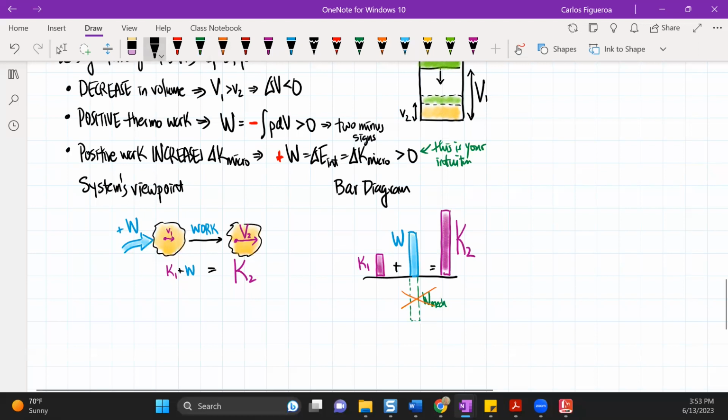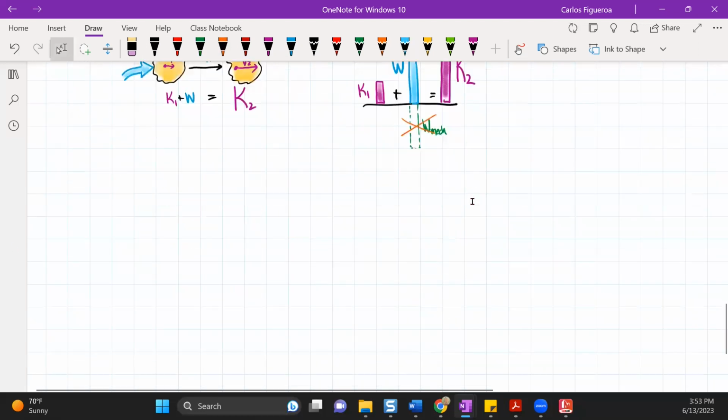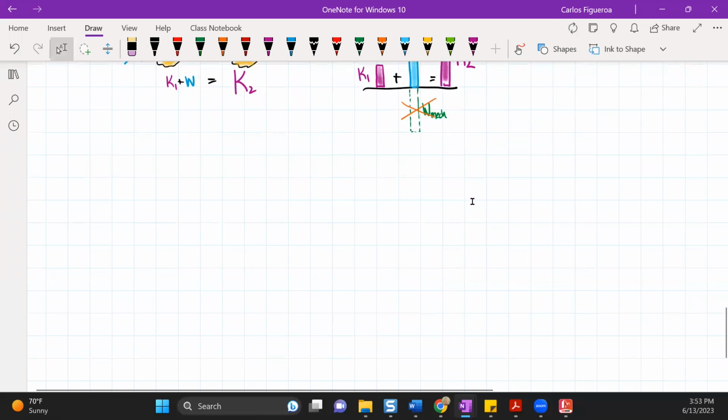So now let's go look at this thing physically. So this is going to be a physical explanation here. What do I mean by a physical explanation? That means we have to explain why K micro increases.